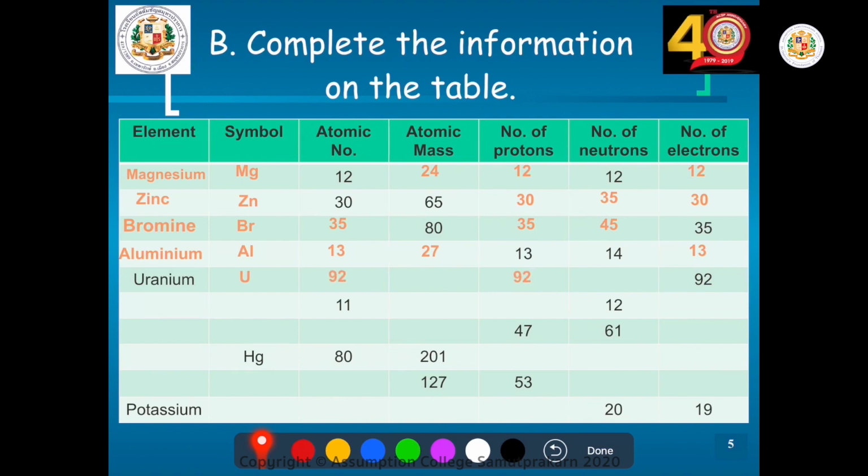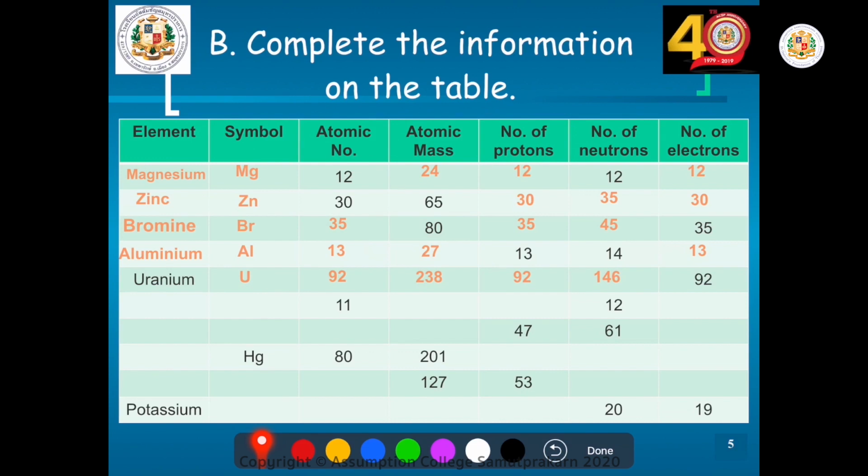The symbol for uranium is U. To get the atomic mass and number of neutrons, since they are both missing, you have to check the periodic table. In the periodic table, the atomic mass of uranium is 238. So 238 minus 92 is? Very good, it's 146. So it has 146 neutrons.